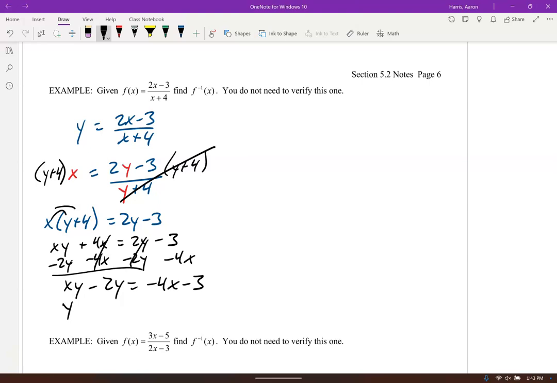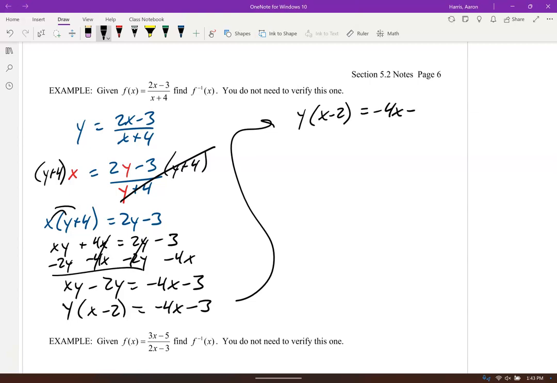So what I do is I can factor out a y. Now I can just divide both sides by x minus 2. See how I can do that? So if I can factor it out, I have my inverse. Here's my inverse of f.